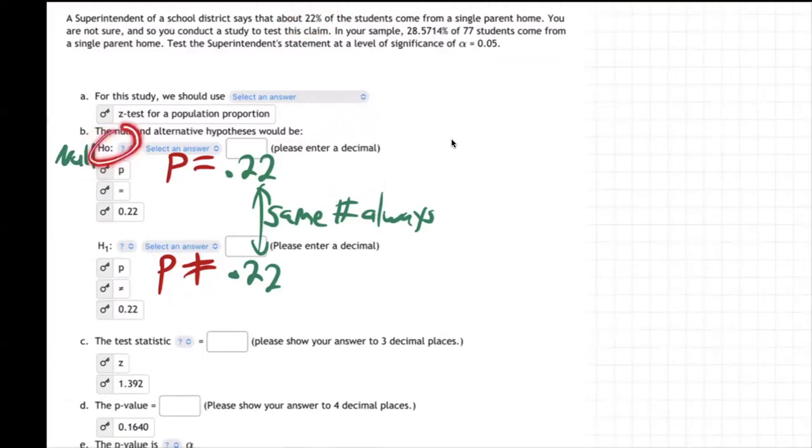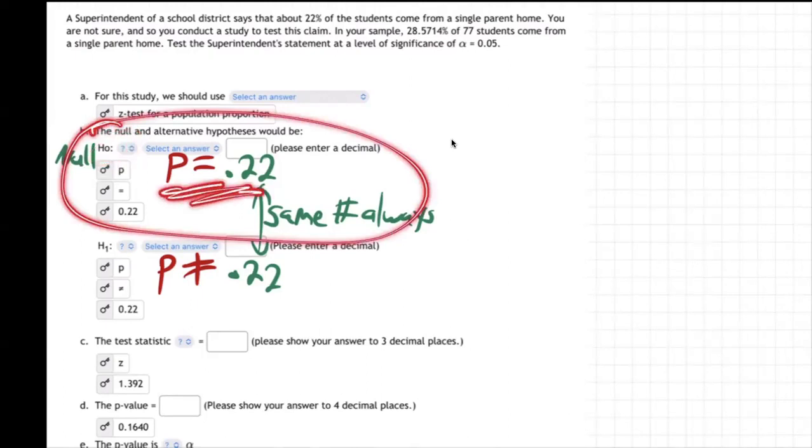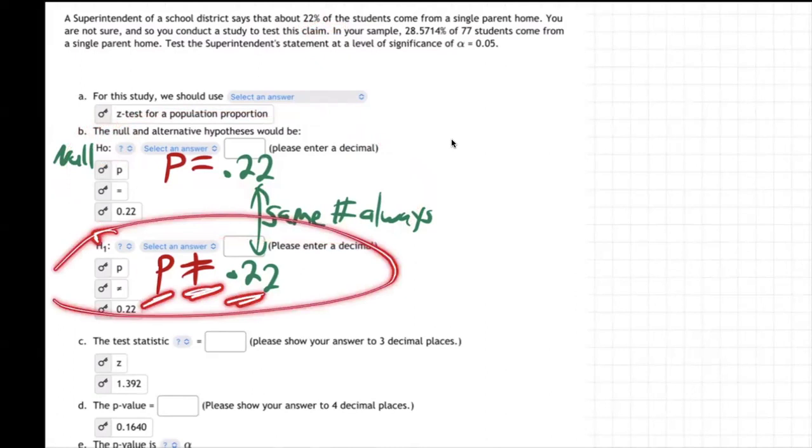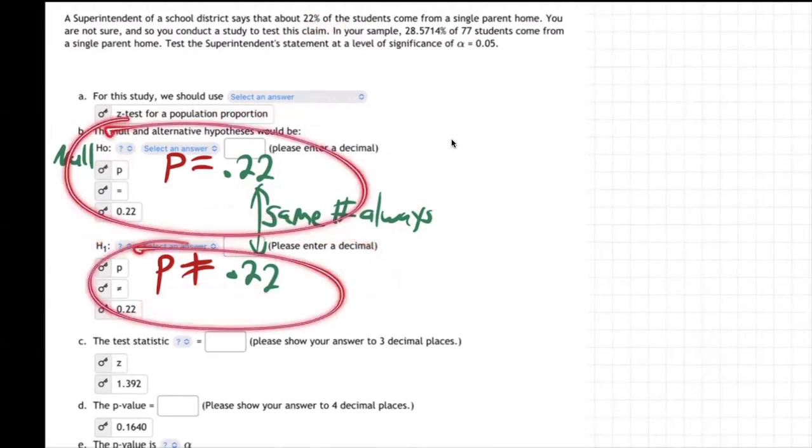It's a fancy math science word for zero. So the null hypothesis is saying the proportion is equal to 22%, right? 22% of the students come from a single parent home. And the other attorney, H1, is saying no, the proportion is not equal to 22%. So they're arguing. We're going to find out who has the evidence on their side. So again, H0 is saying equal to 22%, H1 saying not equal to 22%.